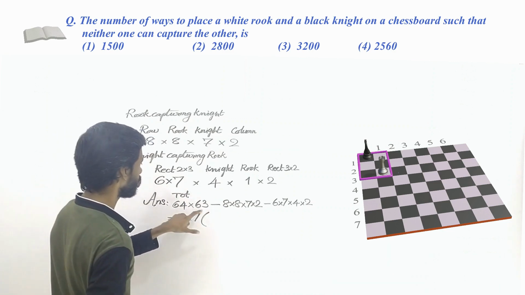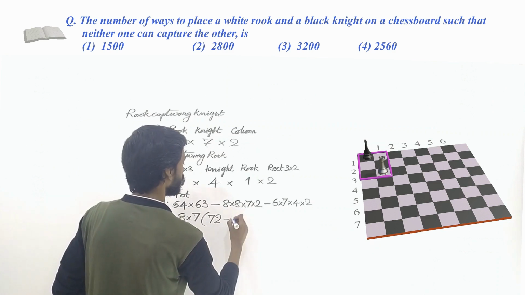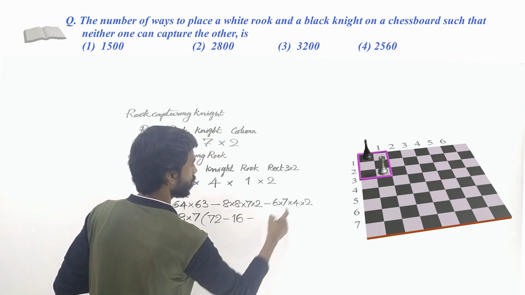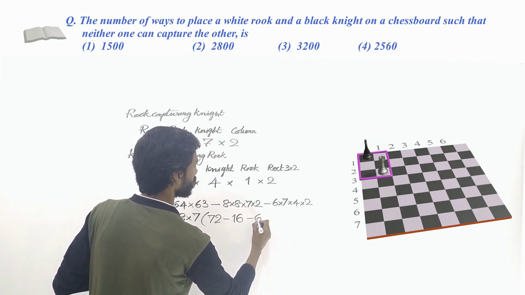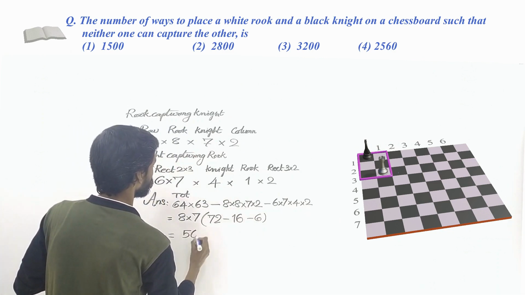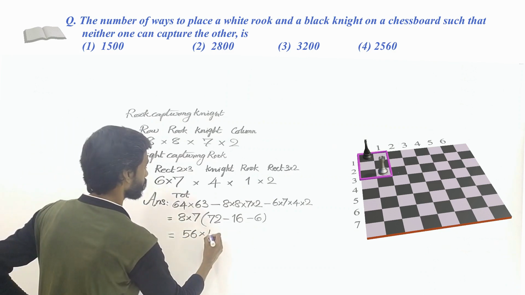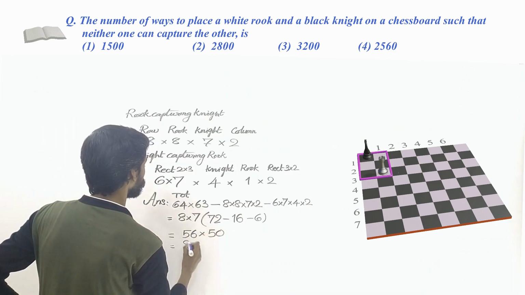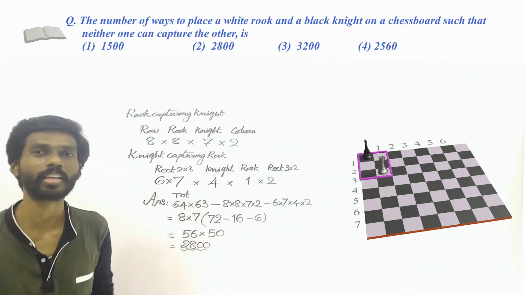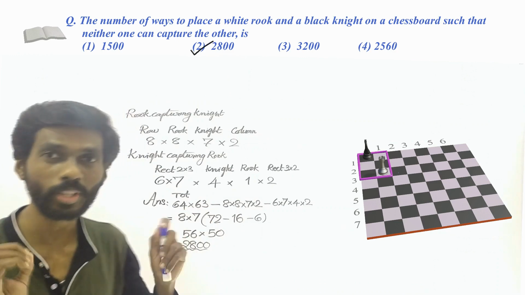So then 8 multiplied by 9, so that is 72, minus 8 times 7 taken out, so 16 minus, again 8 times 7 taken out. So minus 6. Alright, this gives you the value. So 56 multiplied by 72 minus 22. So that is 50. So this gives you the answer 2800. So this 2800 is the number of ways we can place these two pieces on the chessboard in such a way that both of them survive.